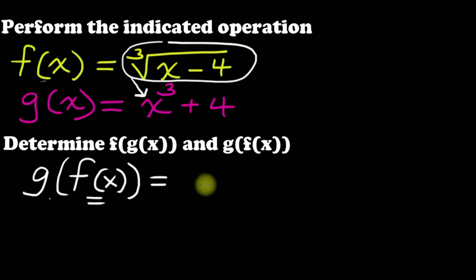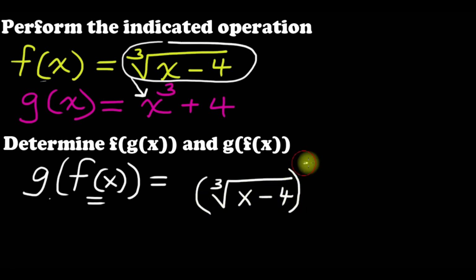All right, so it's going to look like this. We have cube root of x take away 4, and that's the f of x. And then we're going to cube it and then plus 4. So right here, the cube would take out the cube root, just like the square takes away the square root, they cancel.